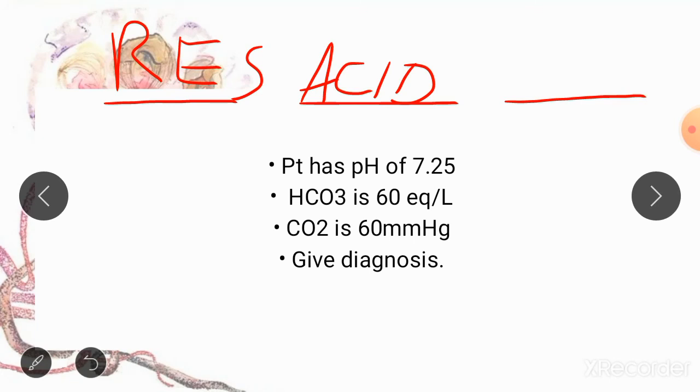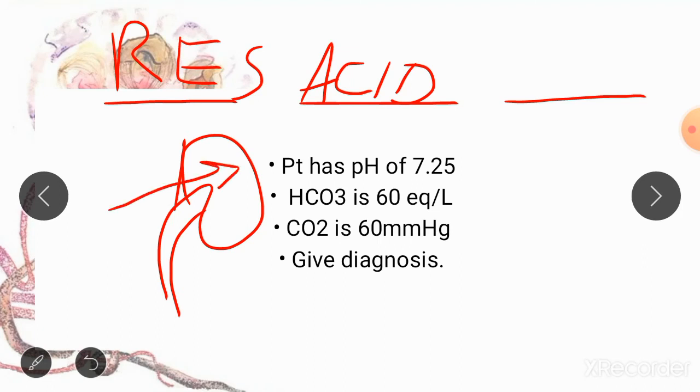So when the lungs are at fault, who is going to compensate? Our kidneys are going to compensate. And how are they going to compensate for acidosis? To combat or to balance acidosis, they need to retain bicarb. And when you retain bicarb, your bicarb concentration in your blood should be high.